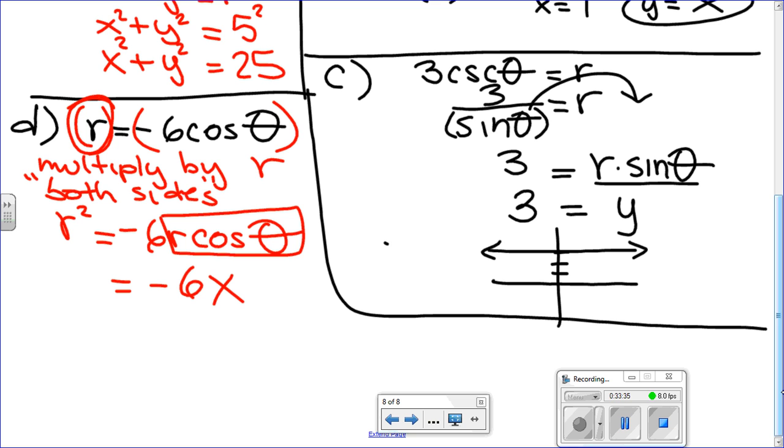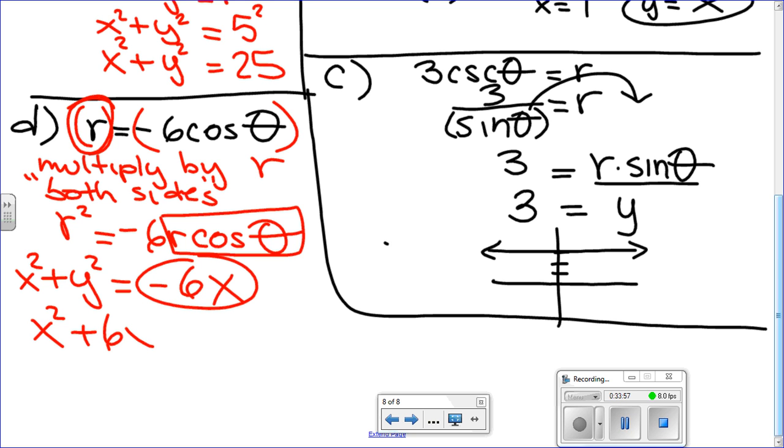So instead of r squared, we're going to have x squared plus y squared. Then, when we have x squared and y squared, that means we're going to have a circle. I'm going to take this one across, so it's going to be positive 6x. And then I have here y squared, and here I'm going to have 0.